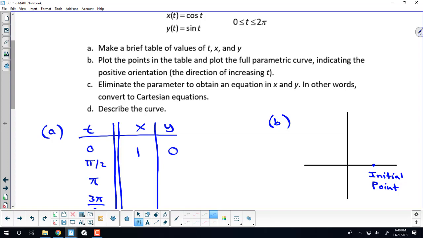So t is pi over 2: cosine of pi over 2, sine of pi over 2 gives us the point (0, 1). So that's somewhere in there.